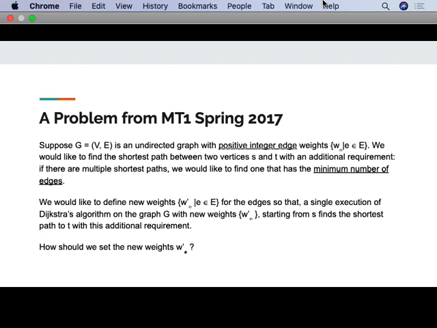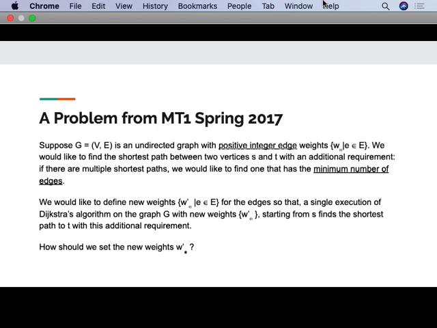Suppose you had these 2 paths, on the top and on the bottom, of equal distance from the starting node to the termination node. You could just add some small value alpha on each of these edges, such that when you compute the distance plus all these additional weights, this shortest path with fewer edges is going to have plus 2 alphas, because you have 2 edges here, whereas here you're going to have plus 3 alphas.